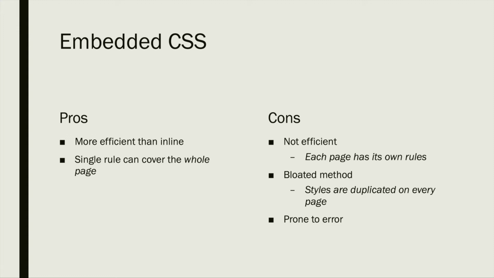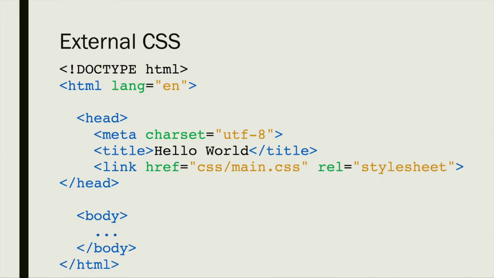The last one is probably the most efficient and probably the easiest to work with, and that is external CSS. We are using a link tag instead of a style tag. The link tag replaces the style tag and references an external style sheet. In this case, we have the hyperlink reference located inside the CSS folder and the CSS file, in this case main.css.